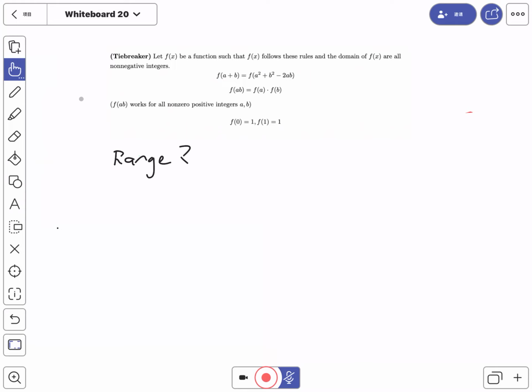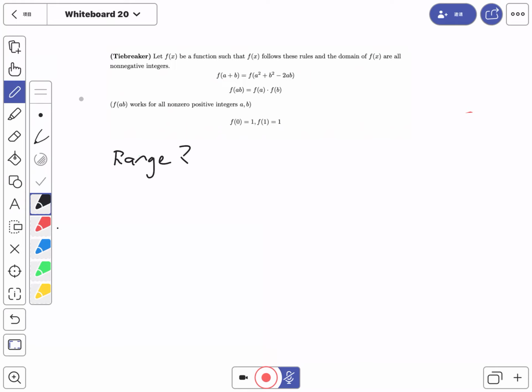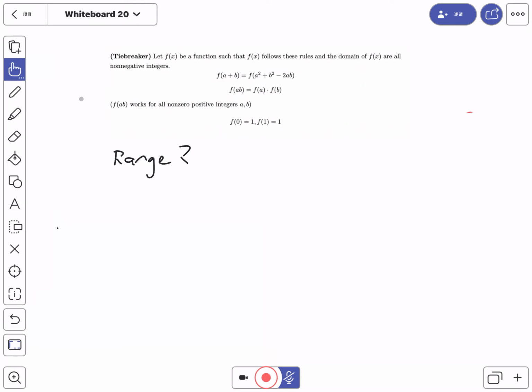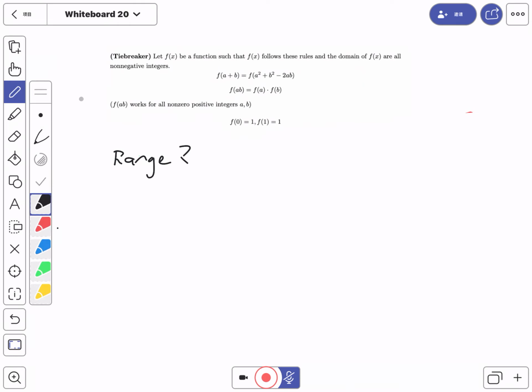So this is from the tiebreaker of Algebra and MIMC series conducted in September back in 2021. So we have f of 0 is equal to 1 and f of 1 is equal to 1.